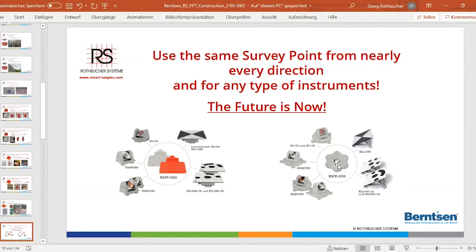So not only are you now able to make a clear reference point for all instruments, not only with levels, we have solutions for all kinds of instruments and for all kinds of trades on the construction side, or for monitoring of neighbor houses, or monitoring with the magnetic version.